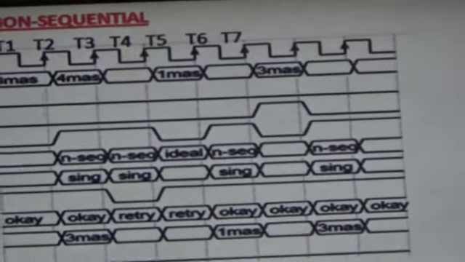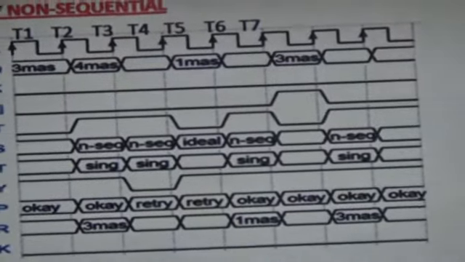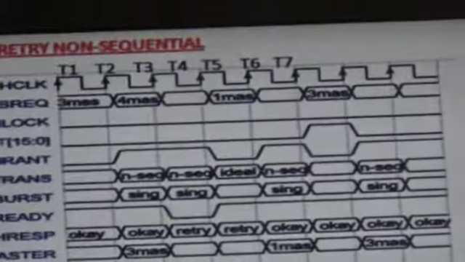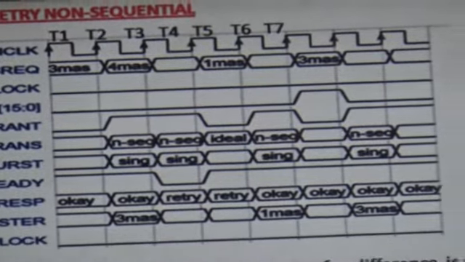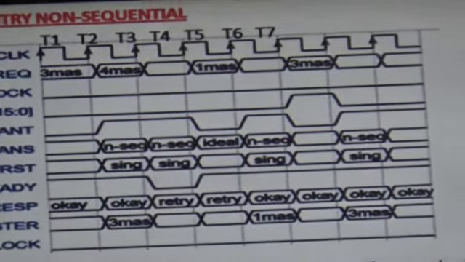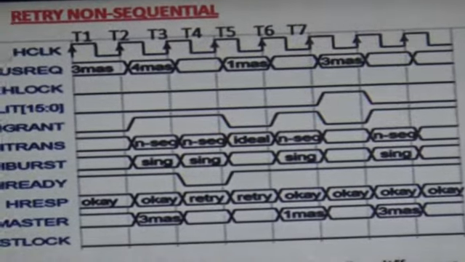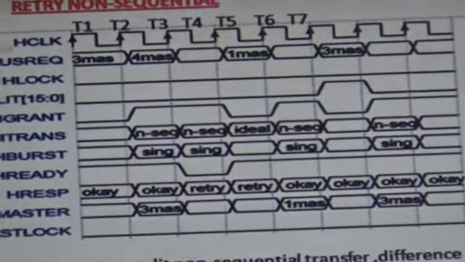At the T4 clock cycle the HTRANS becomes idle. That means it is removing the previous transfers, and since HTRANS is idle and HGRANT is low, the bus is free.